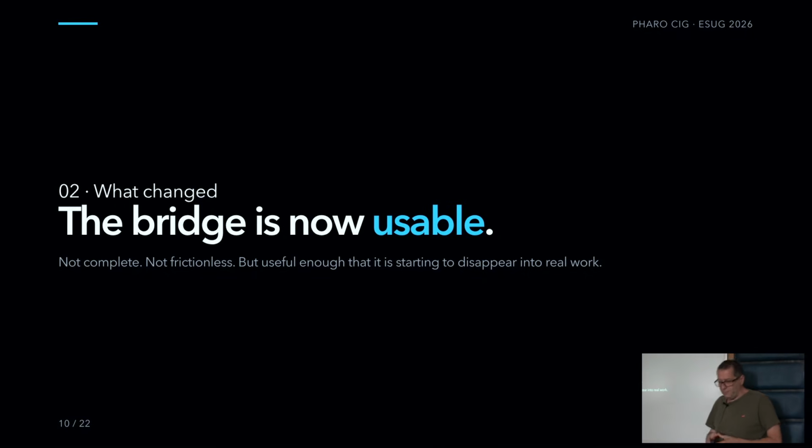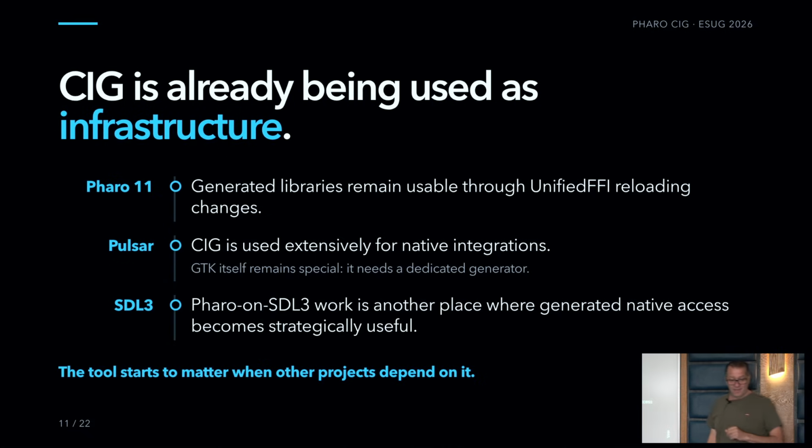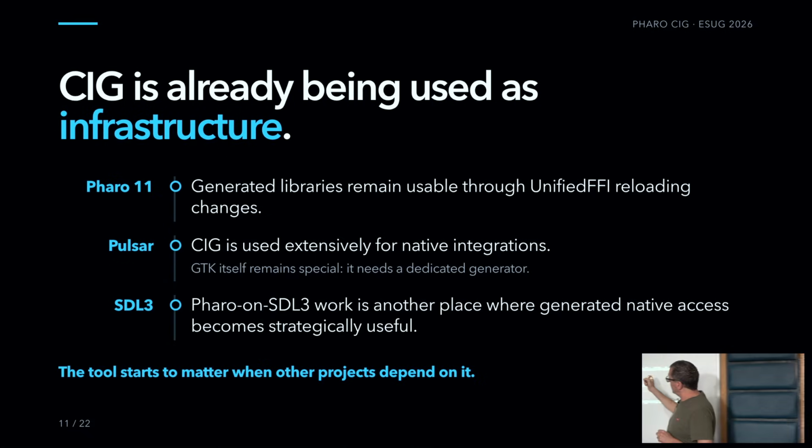Useful enough to start disappearing as something very visible and be part of the ecosystem in real work. I said once that a framework becomes so used, you forget that it's even a framework. So it's already being used as infrastructure.